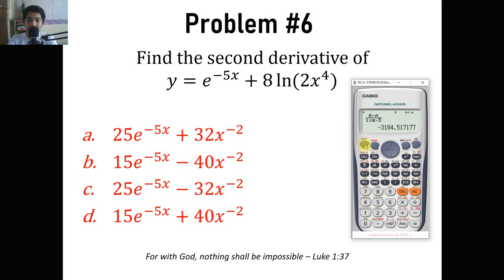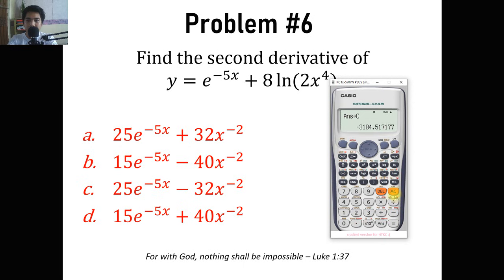We get the second derivative, which we store in C. Now let's go to the choices. So we have 25e raised to negative 5x plus 32x raised to negative 2. Substitute the value of 0.1 and compare it with C. So answer divided by C, if that is approximately equal to 1, that's the answer.